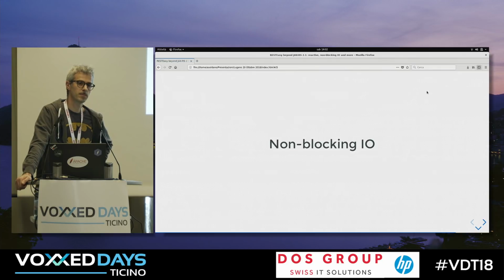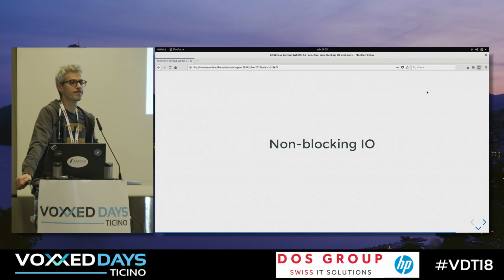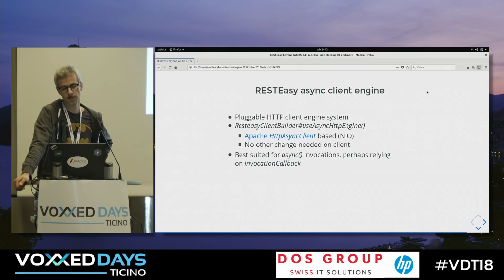Another topic that we have worked a little bit about is Nonblocking IO. So you probably know that there are different HTTP clients available as Java open source implementations, and RESTEasy has a pluggability system that allows you to use different implementations of the HTTP client for its RESTEasy client.